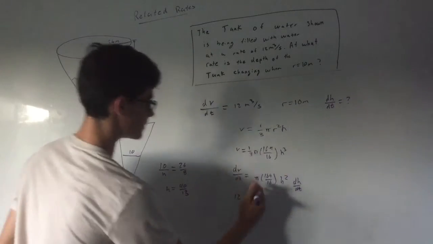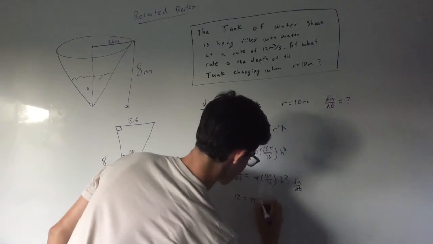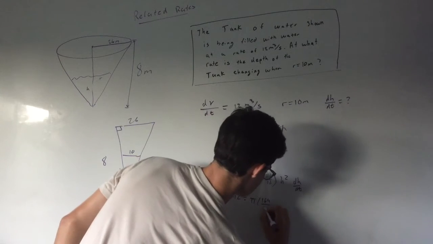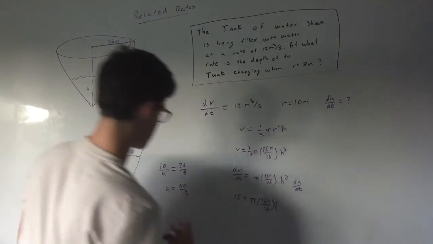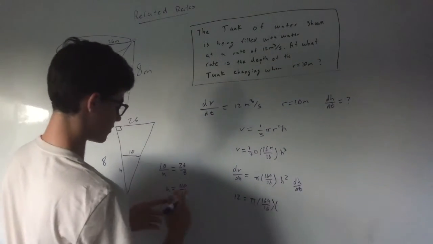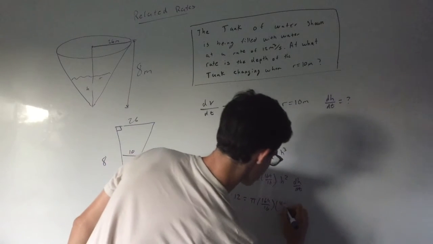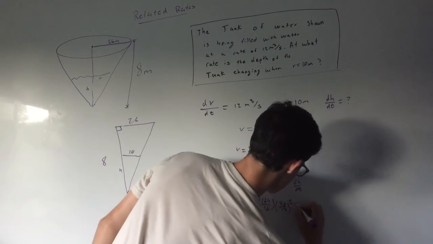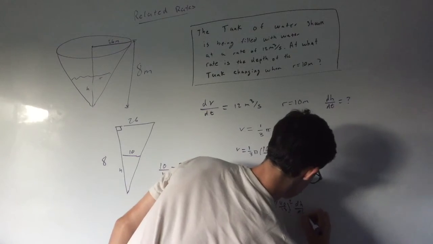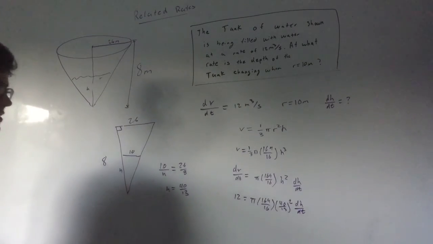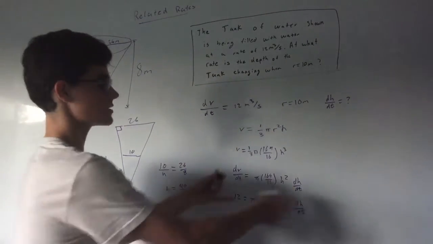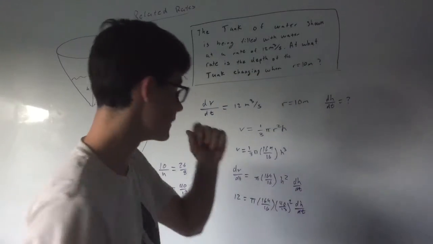So 12 is equal to dV/dt, pi 1 over 16. Okay, we plug this in basically. 40 over 13 squared dh/dt. Now at this point it just becomes plug this into your calculator and find an answer.